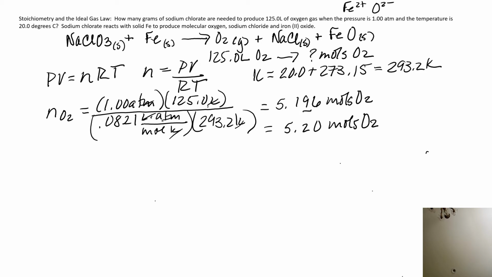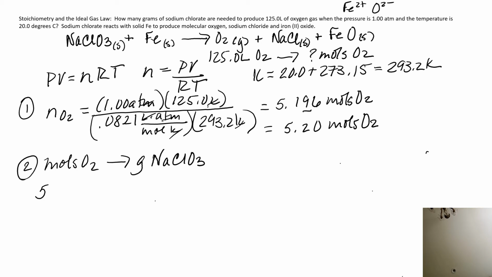So now we apply the stoichiometry. So the first step in our solution was determining number of moles, and now we're going to go from moles of O2 to grams of sodium chlorate.